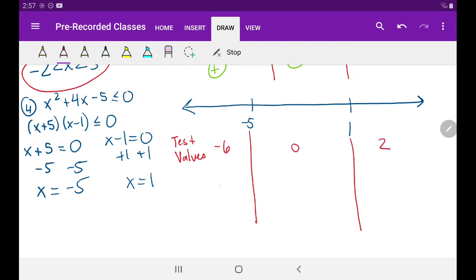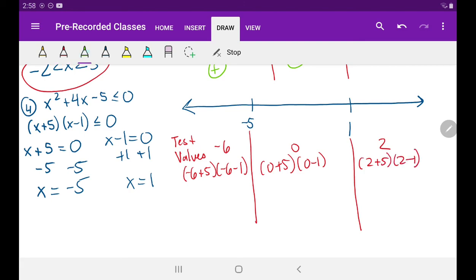We take our test values and plug them in for x. So I'm going to do (-6 + 5)(-6 - 1), then (0 + 5)(0 - 1), and (2 + 5)(2 - 1).